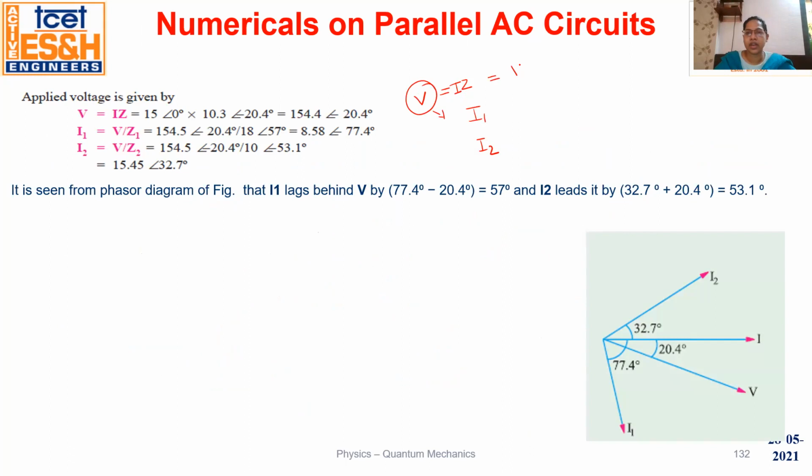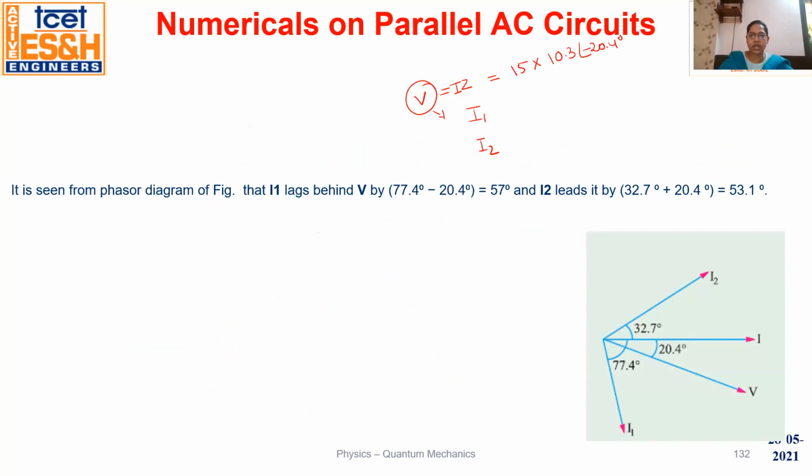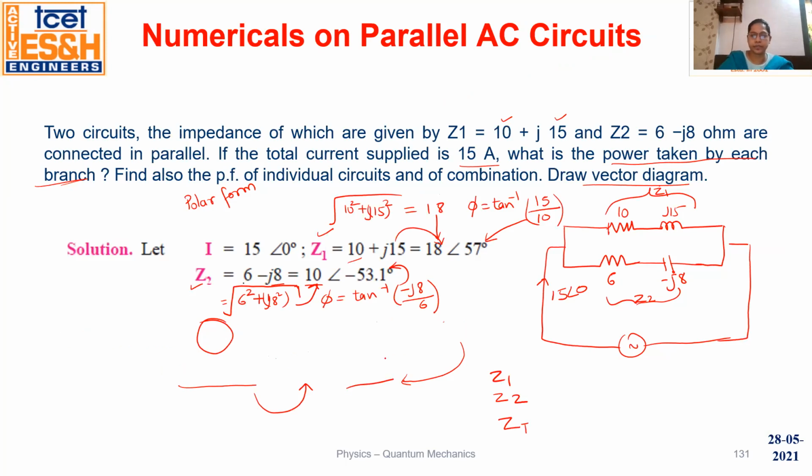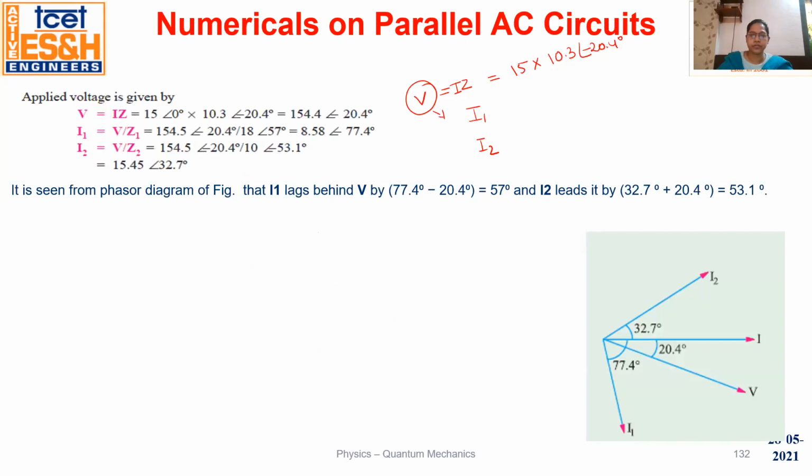The current is 15 and Z is 10.3 with angle 20.4. Multiplying 10.3 into 15 will give 154.4, and the angle is 20.4.